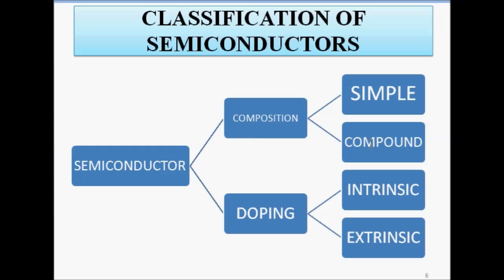So they are formed from 2 or more materials. Next is doping level. On the basis of doping level, the semiconductors are classified into 2 categories: intrinsic and extrinsic. We are going to discuss these classifications later.